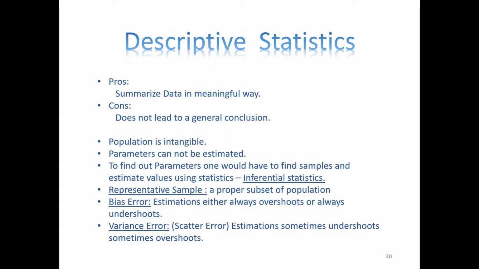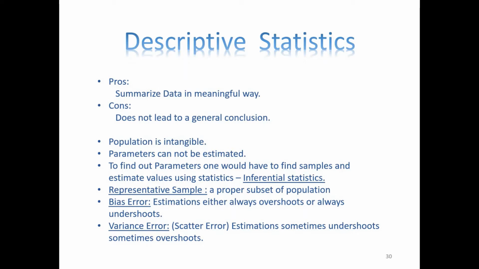But before that, let us try to understand descriptive statistics in depth. Now, descriptive statistics are your measures of variability and measures of central tendency. So what are the pros and cons of these statistics, of these particular values? The pro is that it summarizes the data in a meaningful way.